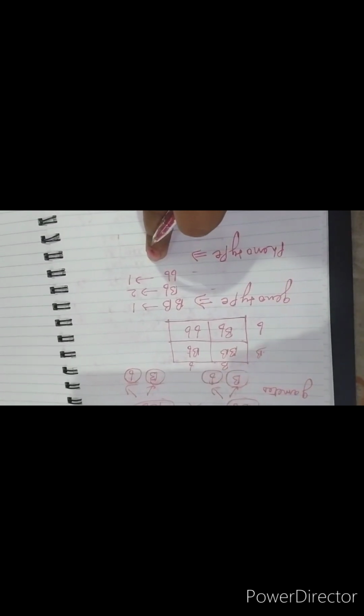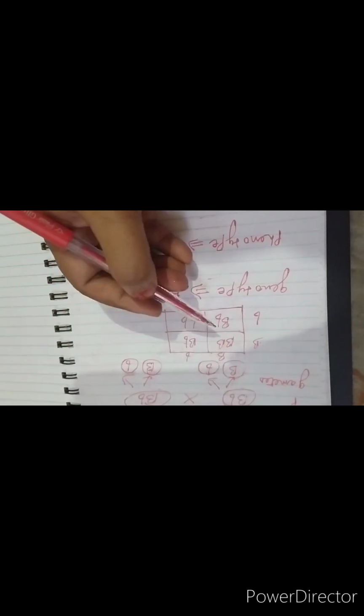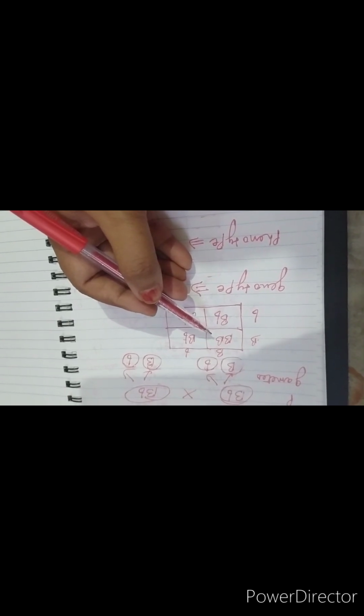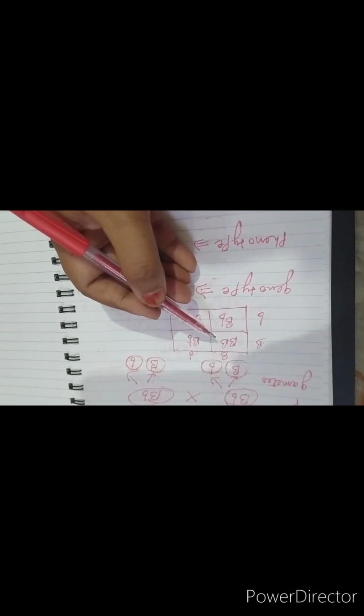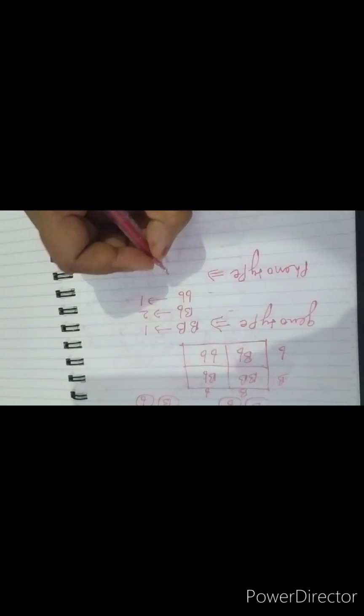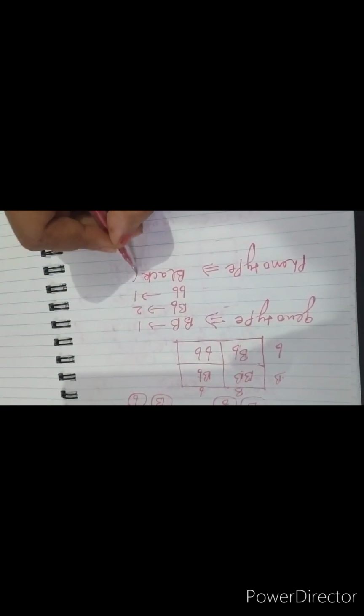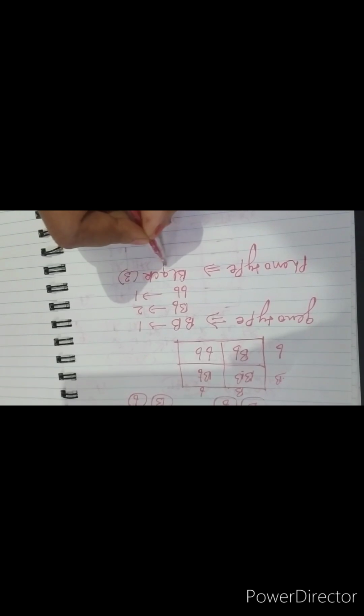So we have written the genetic makeup in this question, and then phenotype, when they ask you, we'll have to write how they appear in appearance. So capital B, that is black fur, is dominant over brown fur. So the first one will be black. How many are black? Black fur 1, 2, and 3, because they have one capital B. So 3 are with black fur and 1 is with brown fur.